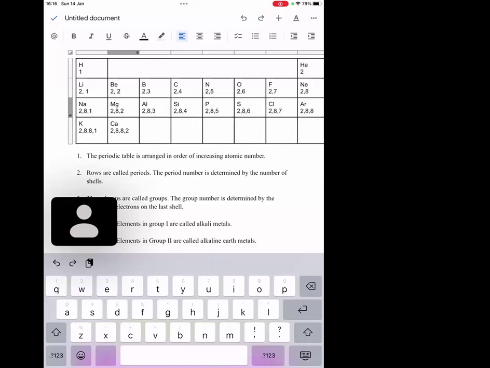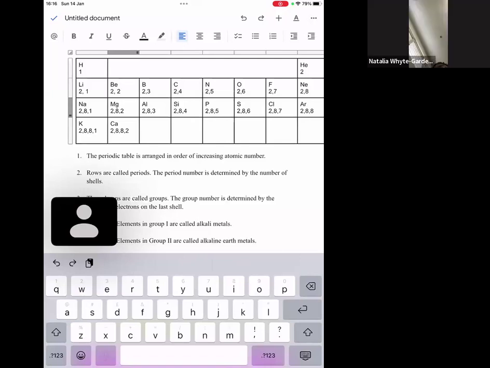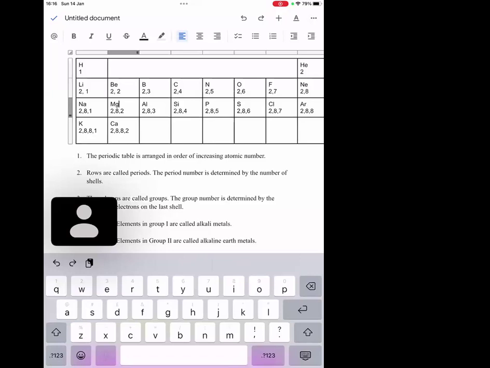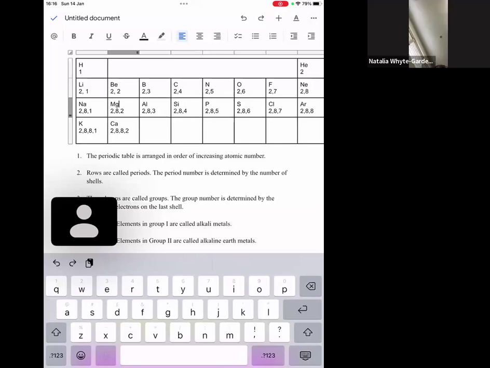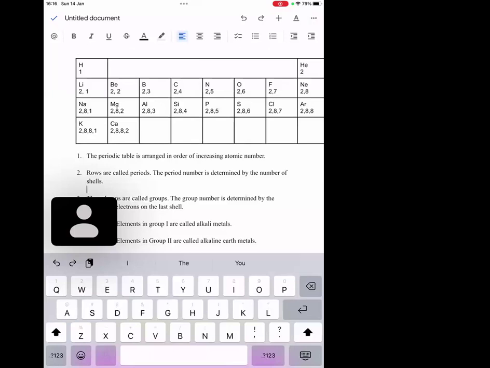So it belongs to which period? Period 3. The number of shells determines the period number. Since magnesium has 3 shells, it belongs to period 3. Is this clear? Yes, miss.